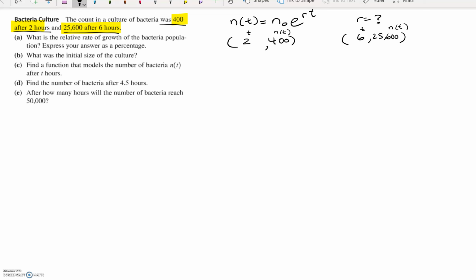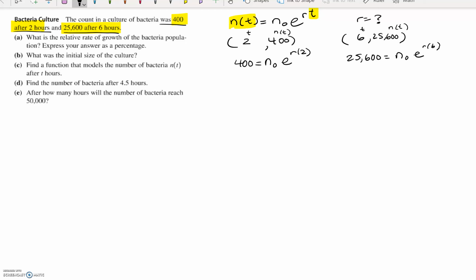So I do have some information that I could use and plug into my model. I do know the time and I do know the number at that time. So those are the two pieces that we're going to plug in for each one. So 400 bacteria occurred after 2 hours. And the other piece of info I'm going to plug in is 25,600 bacteria occurred when I had 6 hours go by.